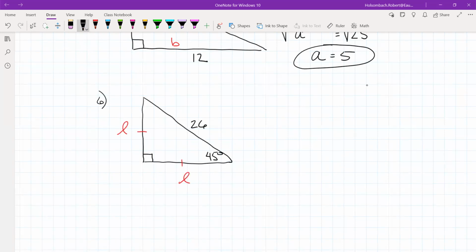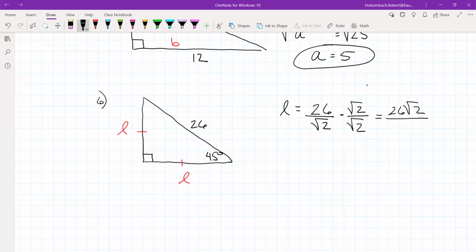And we said yesterday that a leg in a 45, 45, 90 triangle is equal to the hypotenuse divided by the square root of 2. So with a radical in the denominator, we're going to rationalize the denominator. So we're multiplying both the numerator and the denominator by square root of 2. In the numerator, we get 26 radical 2.